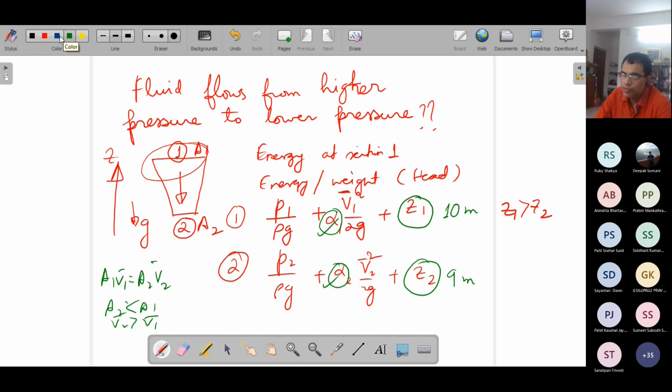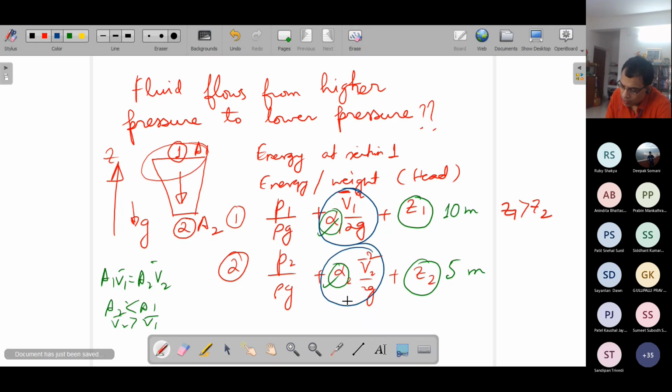So let us put up some value. Instead of this 10 and 9, I will put a bit more different thing to add different possibilities. So let us call it say 5 meter. Let us say these values. So we have to keep the V2 term more. So this is 7.